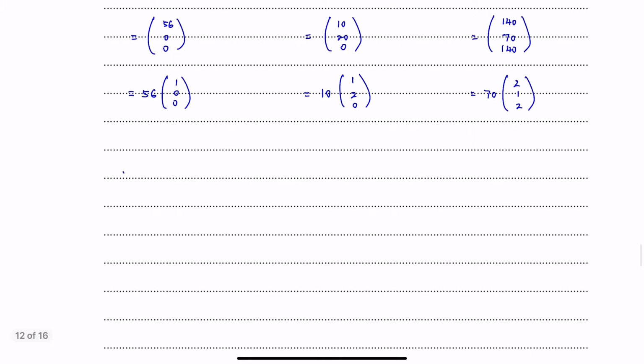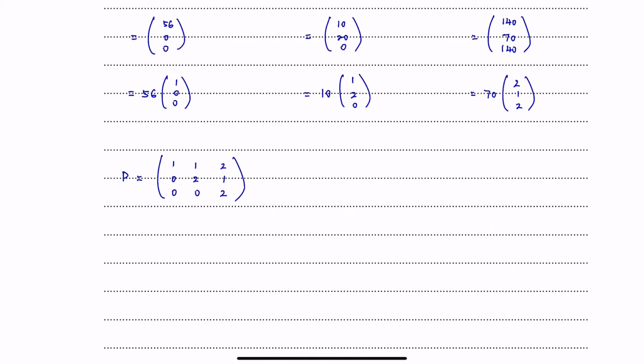So P is just the combination of these three eigenvectors. So 1, 0, 0, 1, 2, 0, and 2, 1, 2.